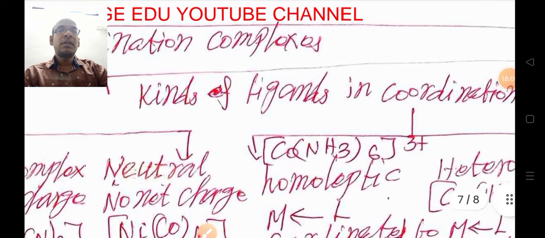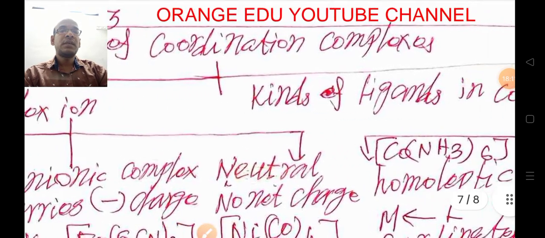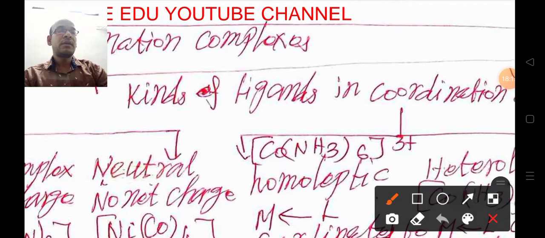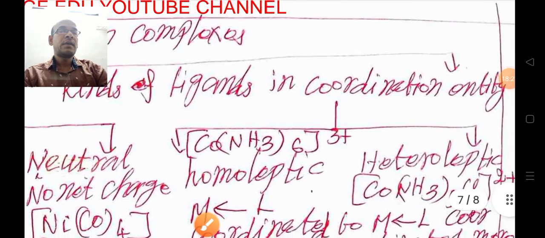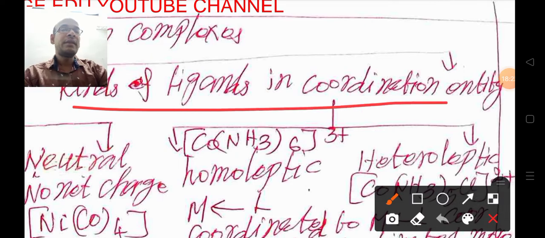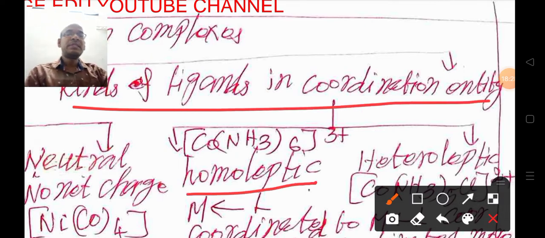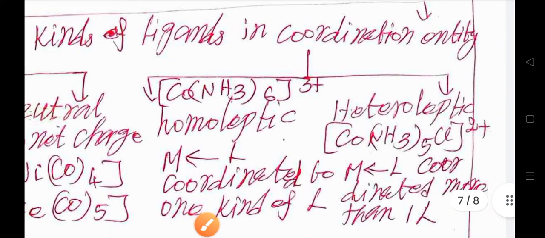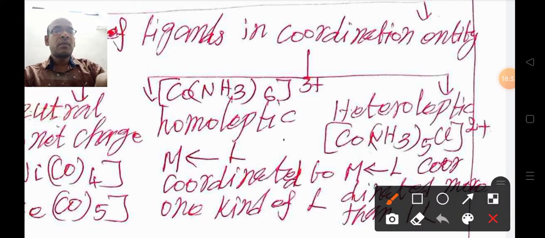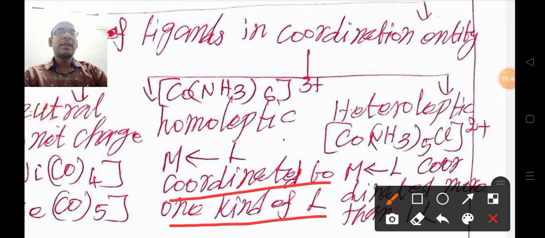Types of coordination complex using kinds of ligands in the coordination entity. First is homoleptic, in which the coordination complex has only one kind of ligand, that is ammonia, only one type of ligand.